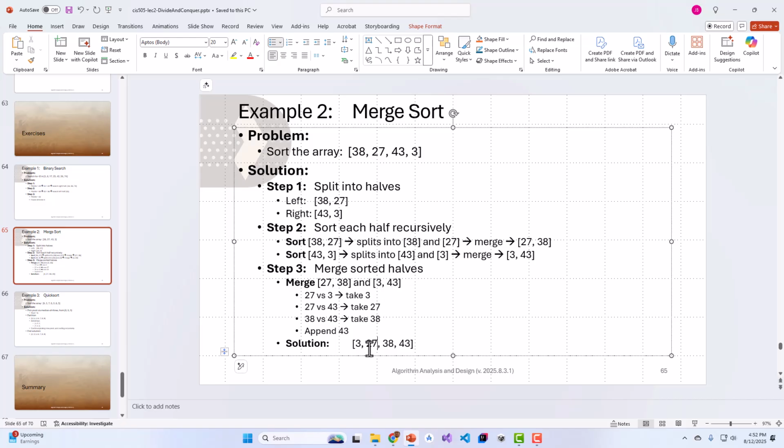So we put the 27 in the second place. Then 38 versus 43, we take 38 and put that there, and then since this subarray over here is done, whatever's left we would dump into the remainder of the array. In this case, it's only one element, but even if it was 10 elements, we would still dump it into the remainder of it, because we wouldn't have to do any more comparisons, right? Because this one's done.